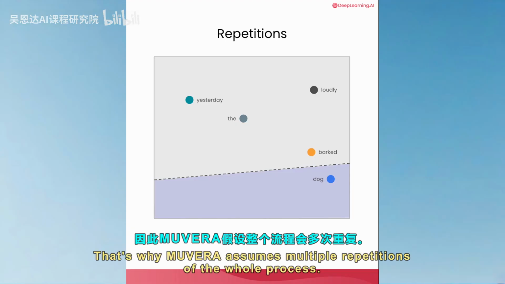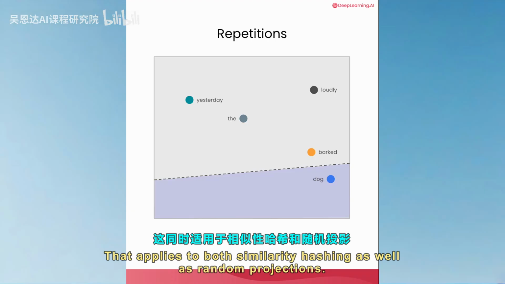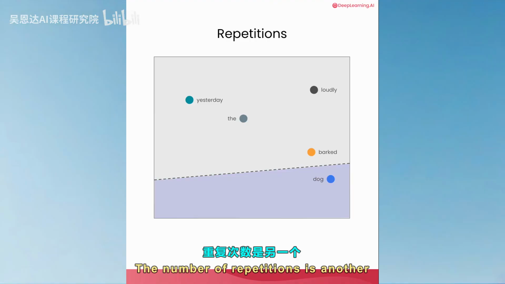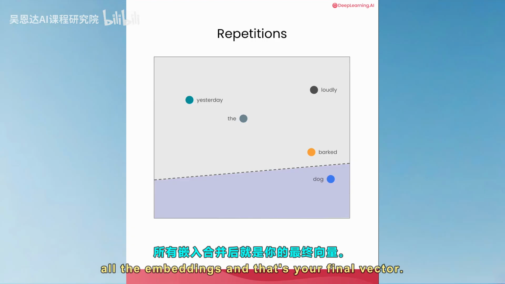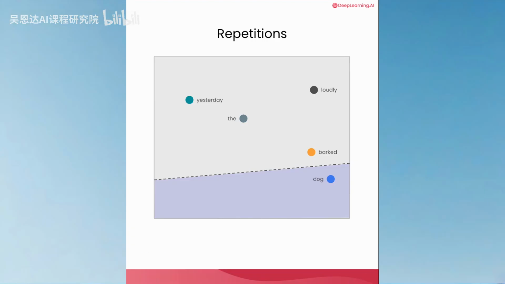That's why Muvera assumes multiple repetitions of the whole process. That applies to both similarity hashing as well as random projections. The number of repetitions is another parameter of the process you can control. Quite often, you set it to at least 10. Once you repeat the process, you concatenate all the embeddings and that's your final vector.